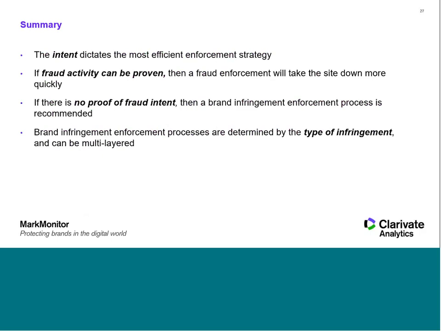So if it's fraud, that's going to be an effective method. Throw it over the fence to the SOC, get that taken down. But without proof of fraud, like a form accepting user credentials, then a brand infringement enforcement is likely the best enforcement method. So I think enforcement is largely dependent on the type of infringement, and it could take several steps.